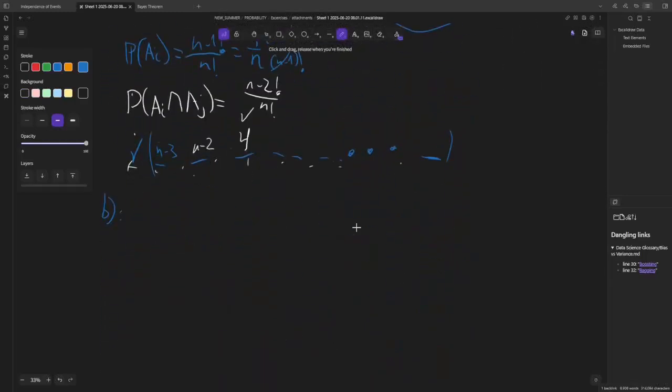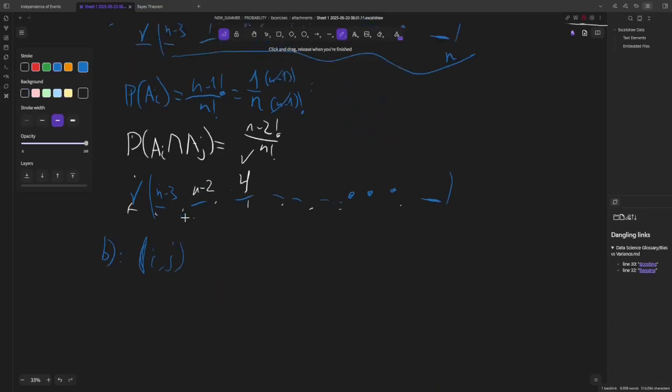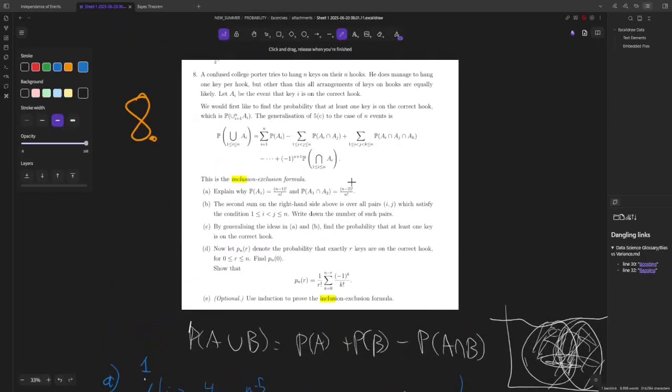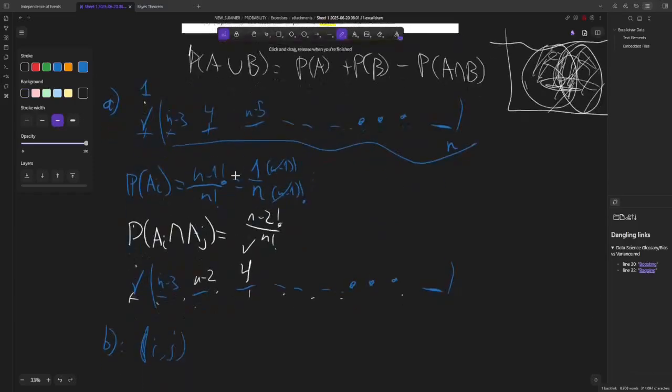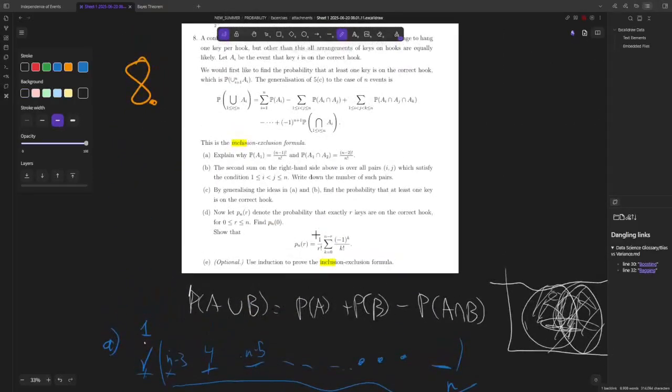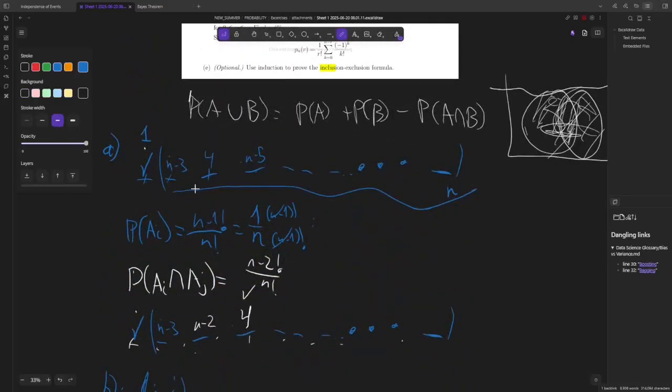Okay, so you have two elements, i and j, and how many ways do you have to choose two elements, such that, well, how many ways are there to choose pairs of elements?